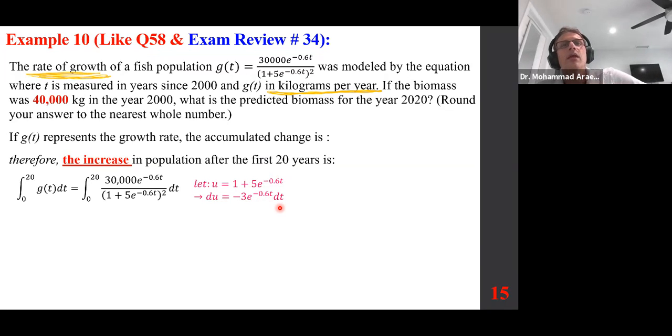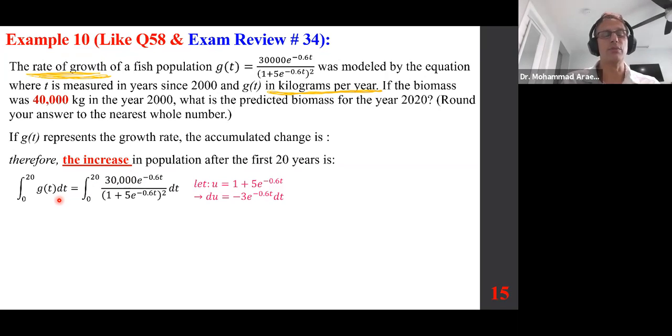Now, what happens is the numerator is 30,000. One easy way to look at this, you would need -3 at the top, but you have 30,000. I hope you see that -3 times -10,000 becomes 30,000. So 30,000 is the product of -3 and something else.